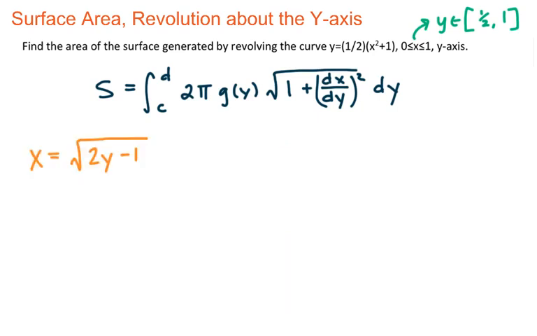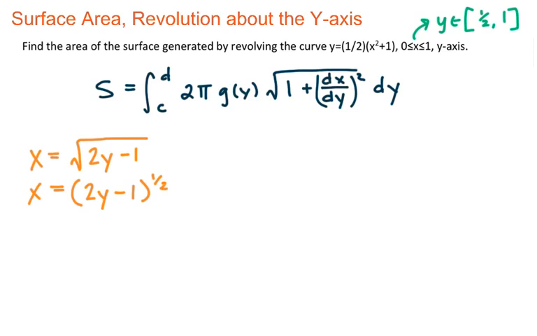So I paused and cleaned my page up a little bit. We know what our c to d interval is. We know what our function x in terms of y will be. And we now need this derivative, and I like to go ahead and square it before I plug it all in. So keep in mind, this is the same as x equals (2y minus 1) to the 1/2.